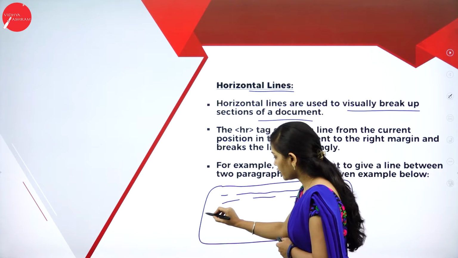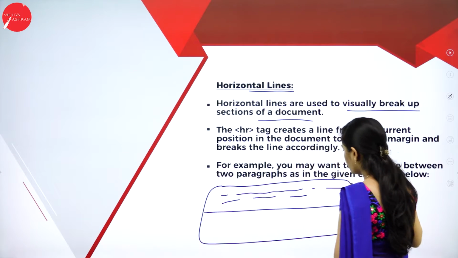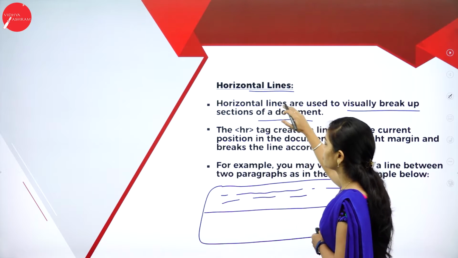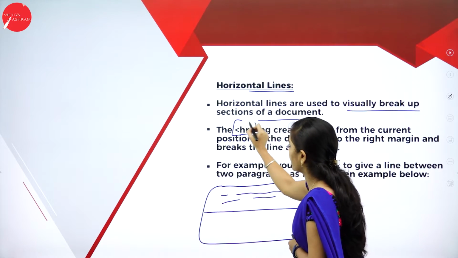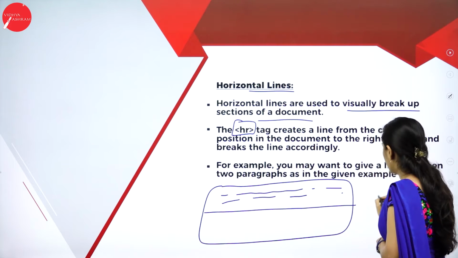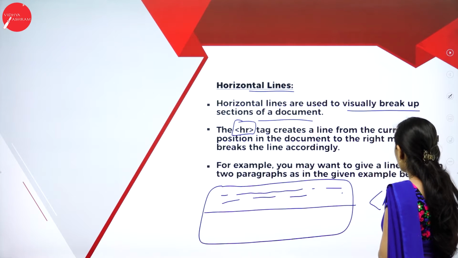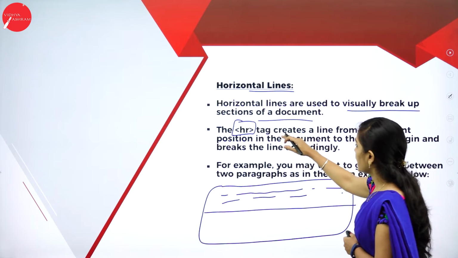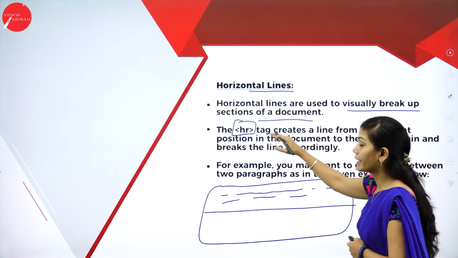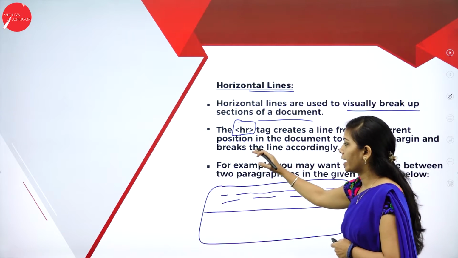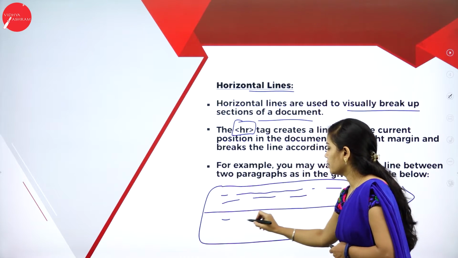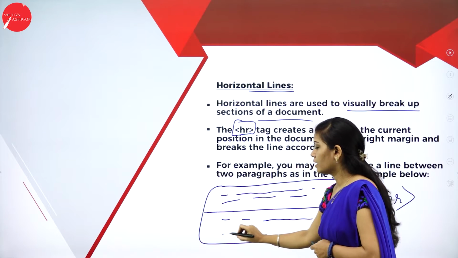If you want to give one break, you can go for horizontal lines, that is called the HR tag. You can give the HR tag. It creates a line from the current position in the document to the right margin and breaks the line accordingly. So it breaks the lines.